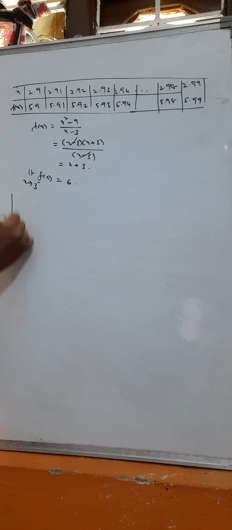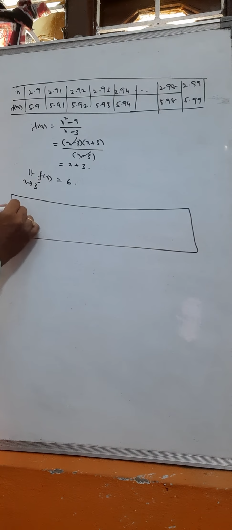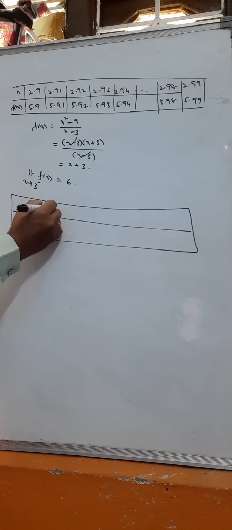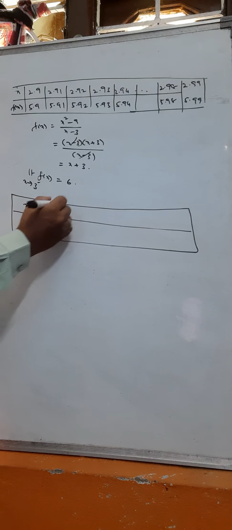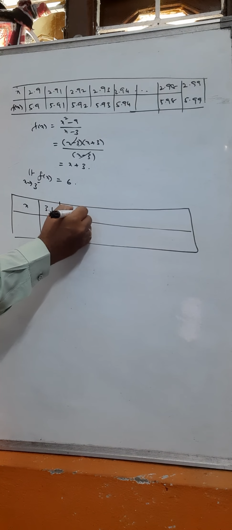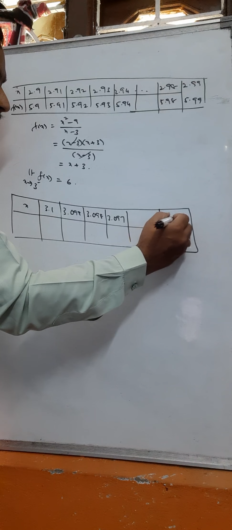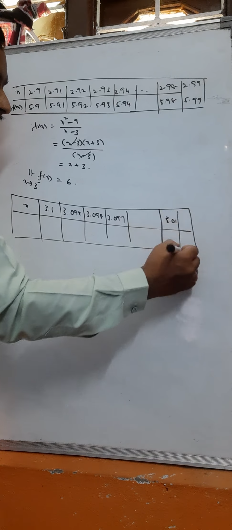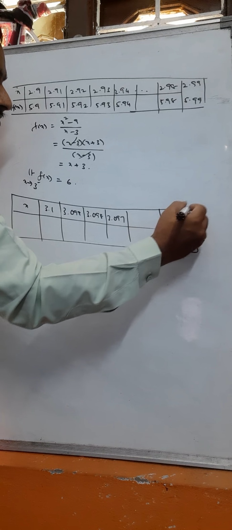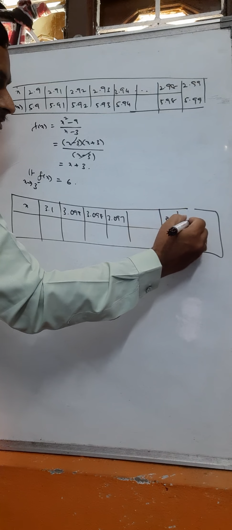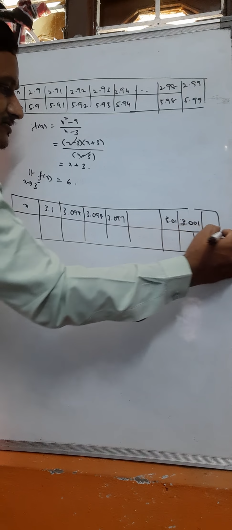Now I am taking another table. Here the x values are 3.1, 3.099, 3.098, 3.097, continuing to 3.001.